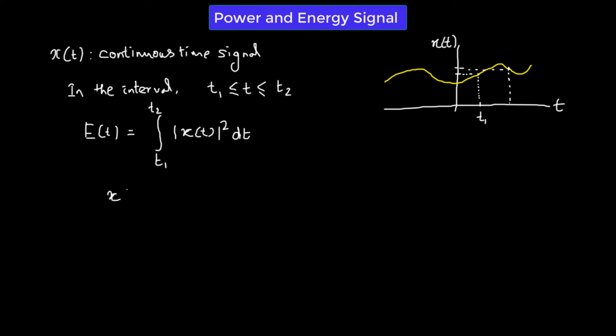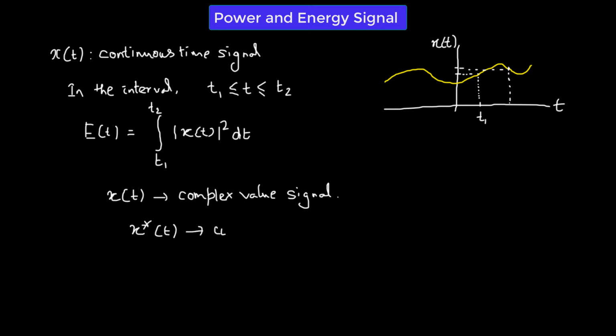The majority of the signals that we will be dealing with in signals and systems are going to be complex valued signals, which means its conjugate is going to be present.